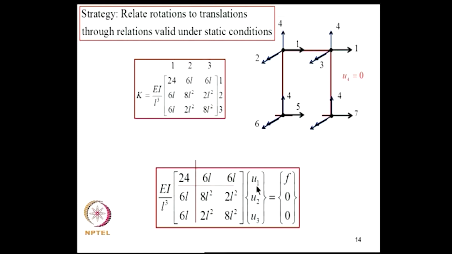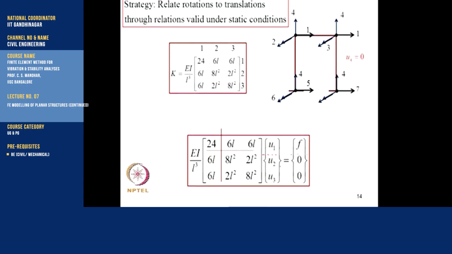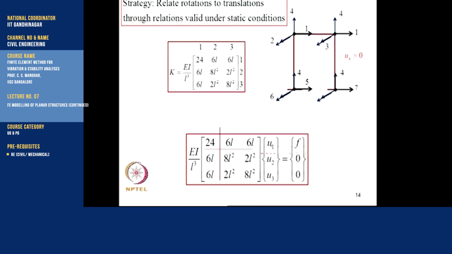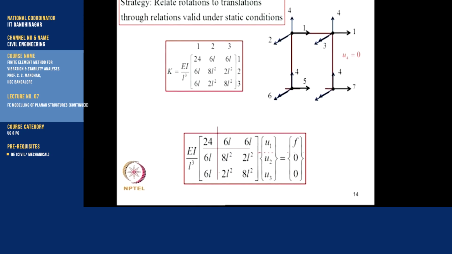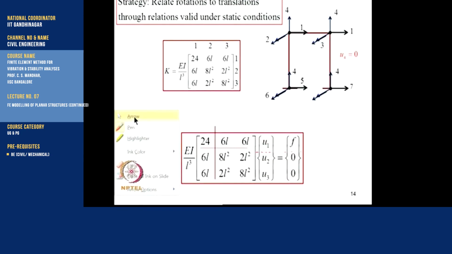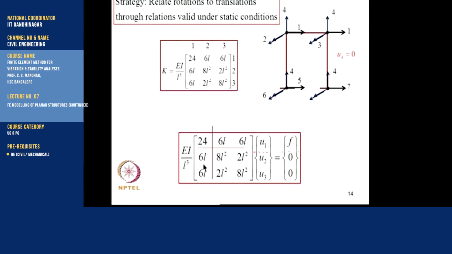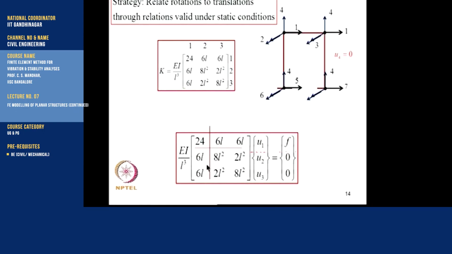Now, U1 is the translation, U2, U3 are the rotations. So, what we do is we partition the displacement and the force vector into a translation and a set of rotations. That imposes the partitioning of the stiffness matrix as well.